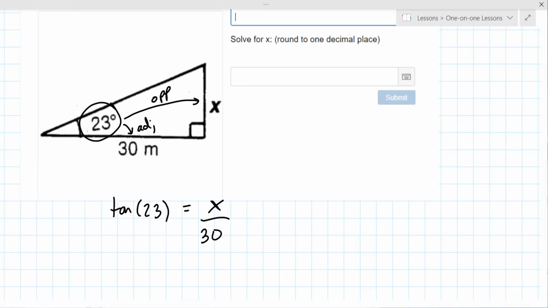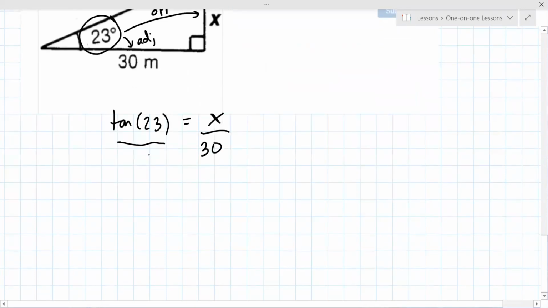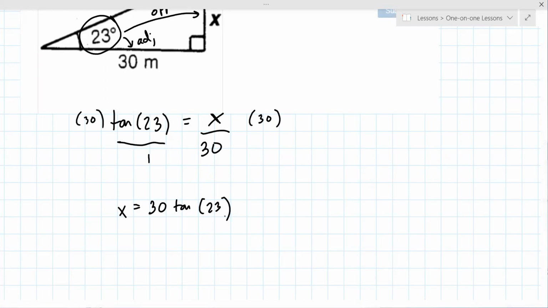Okay, so to solve for x here, you treat this as being over 1, and you multiply both sides by 30. x equals 30 tangent 23. That is 12.73.